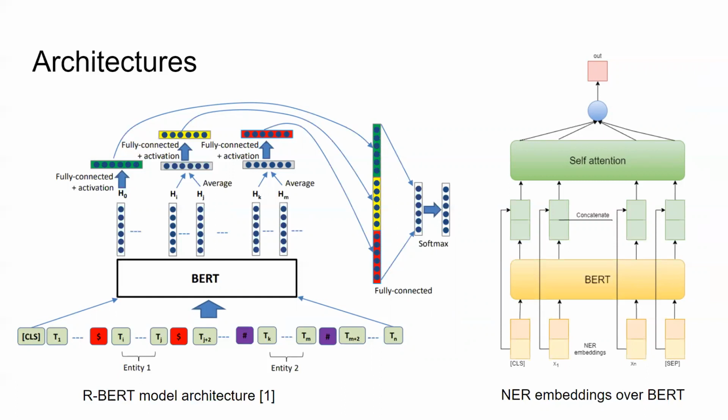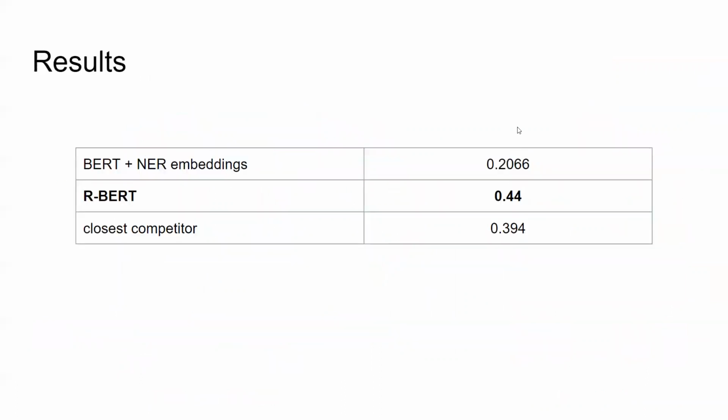The main idea is inserting special tokens before and after entities into the BERT input. Then, the outputs corresponding to the CLS token and entities are averaged and concatenated, as shown in the picture. As a result, R-BERT outperforms the previous model, which had a poor result, and R-BERT also took first place in the considered track.